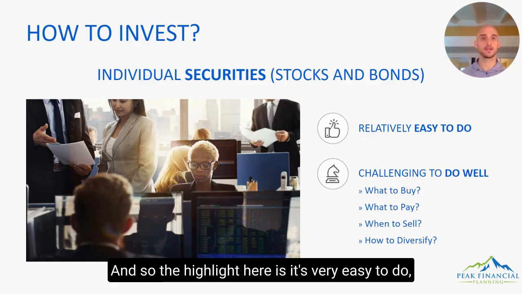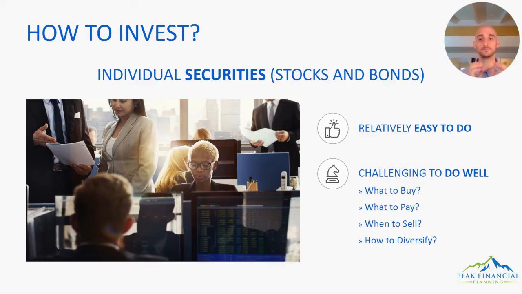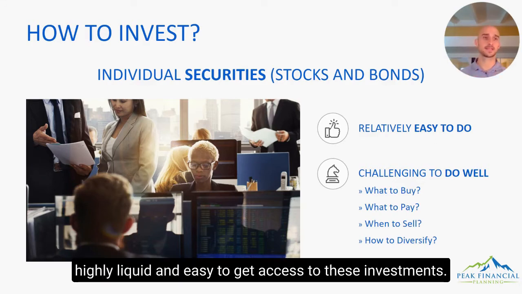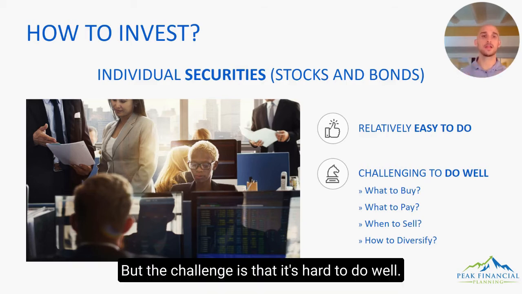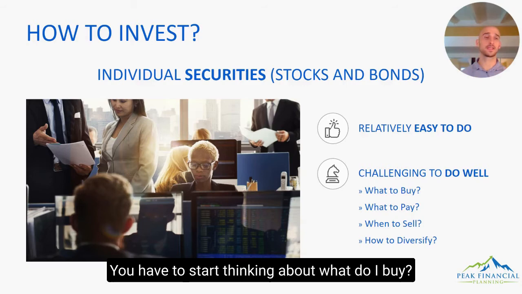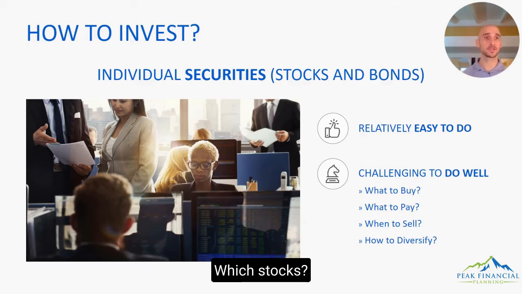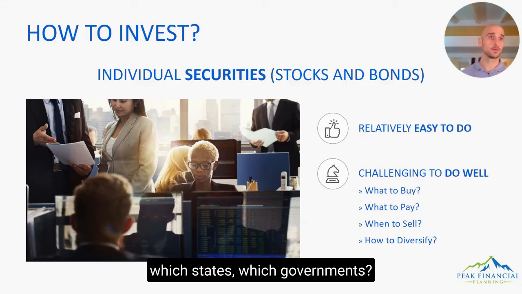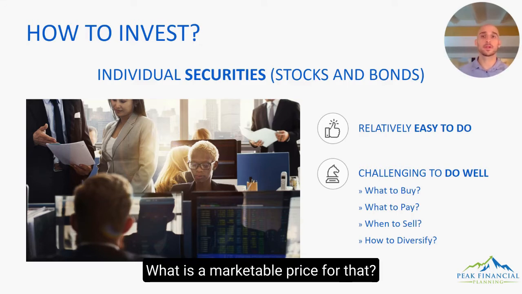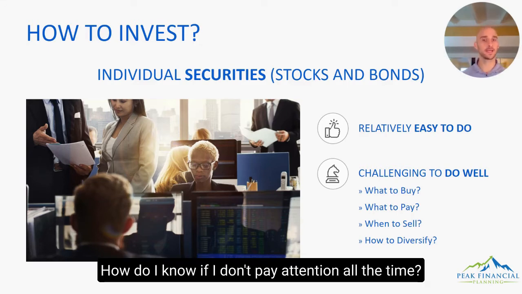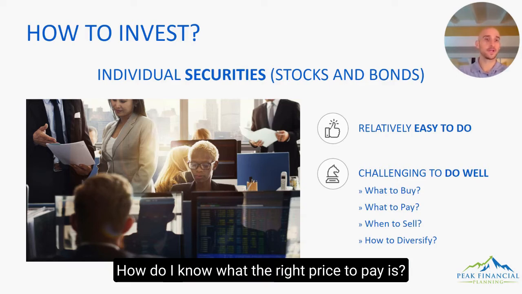And so the highlight here is it's very easy to do. It's highly liquid and easy to get access to these investments. But the challenge is that it's hard to do well. You have to start thinking about, what do I buy? Which stocks, which companies, or which bonds, which states, which governments? What do I pay? What is a marketable price for that? If I don't pay attention all the time, how do I know what the right price to pay is?